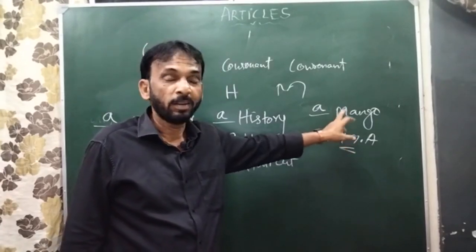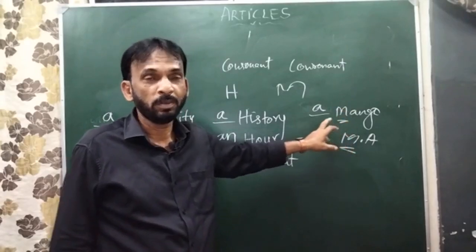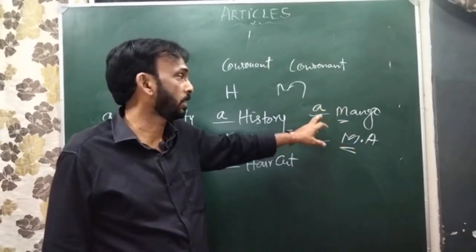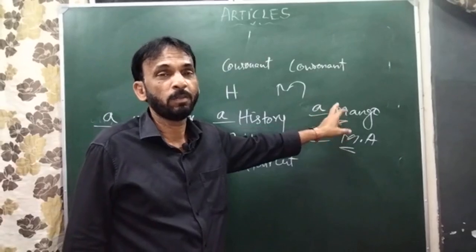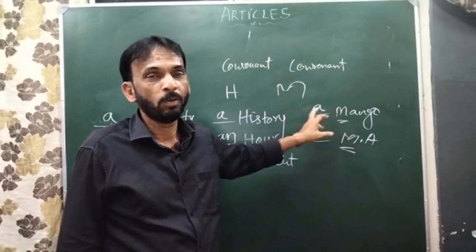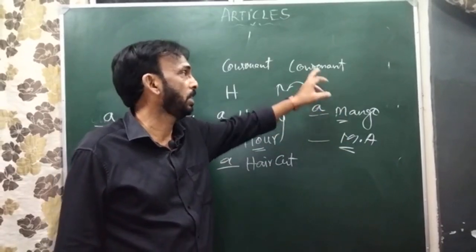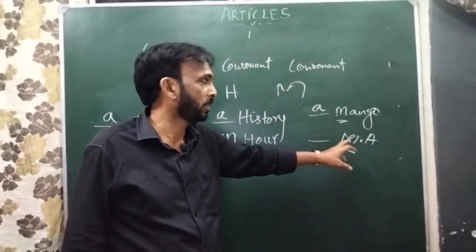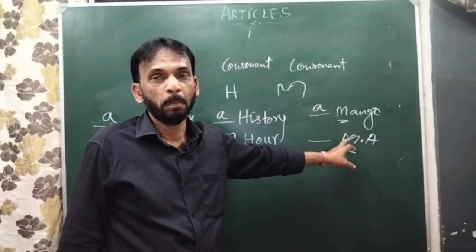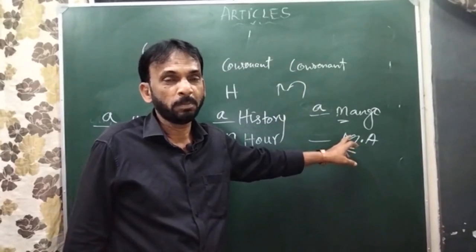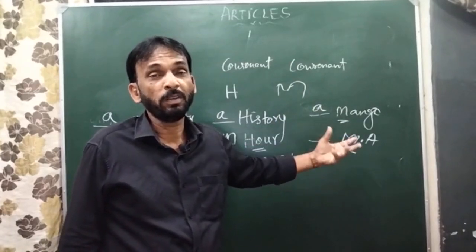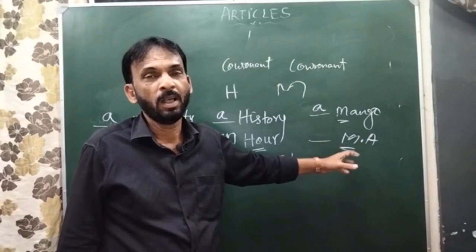So according to the sounds, we have to choose the articles. There it is producing the exact sound of M, ma, mango, and M is the consonant. But here, we are not producing that M sound, but we are producing an E sound.